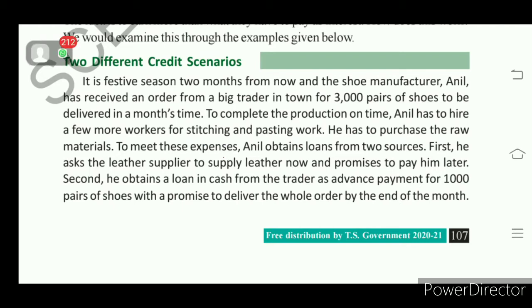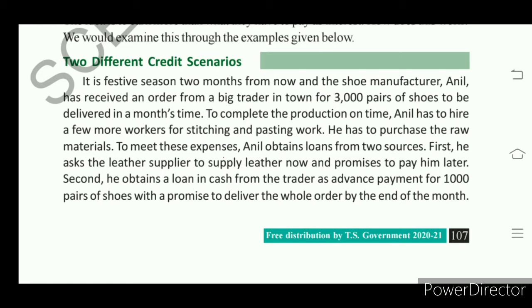Second, he gets a loan in cash from the trader as advance payment for 1,000 pairs of shoes. So what is that here? Anil agreed to deliver 3,000 pairs of shoes in one month to the big trader who is in town. And to get these 3,000 pairs of shoes, Anil has taken two types of loans.